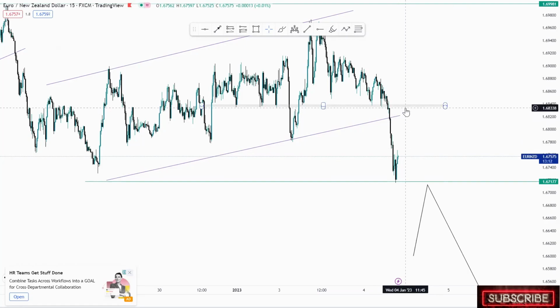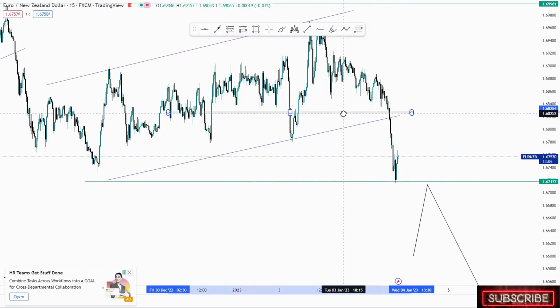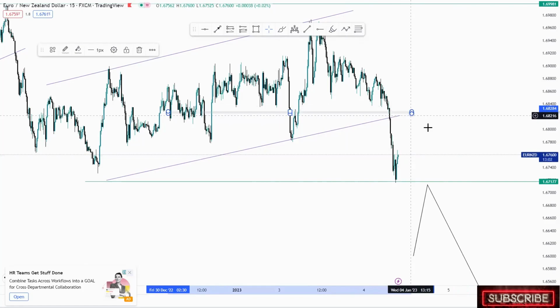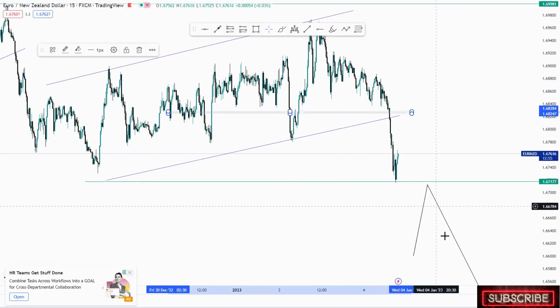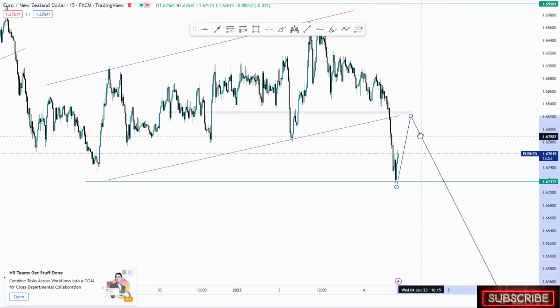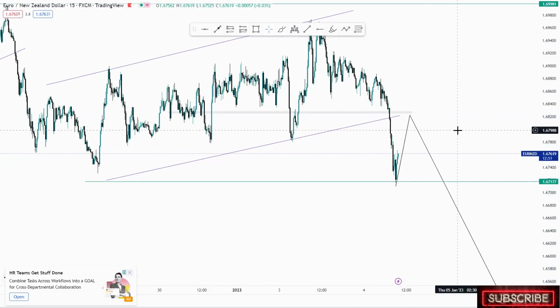It does not necessarily have to touch it, but we can see that it has multiple touches. But if we are wrong, then maybe this level is supposed to be here, which corresponds with the trend line, right? So either one of two, but for now it's looking to be bullish, going to the upside, and then to give us the sells over there. So this is what I'll be personally waiting for on Euro NZD.